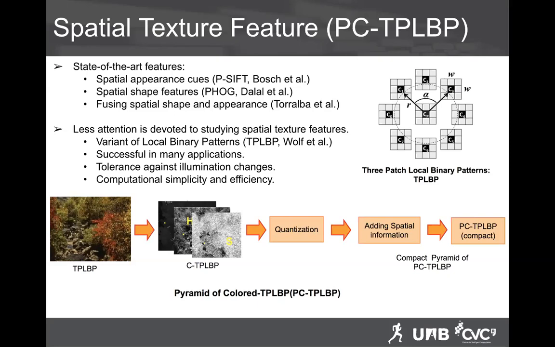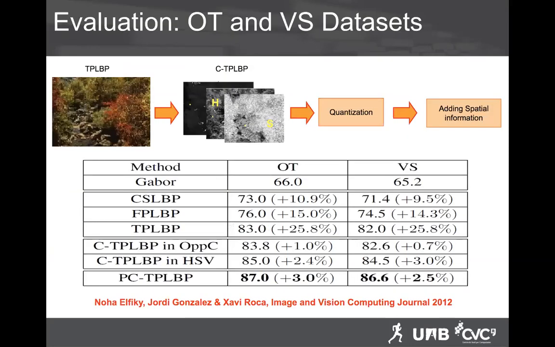And we achieved state-of-the-art results at that time with this new pyramid of local binary pattern, which is computationally less expensive as it is compact. Again, we always benchmark our contribution against the state-of-the-art texture descriptors: the local binary pattern by itself without the spatial pyramid, and the local binary pattern with the spatial pyramid that I introduced, which is dimensionally reduced, in addition to color information such as HSV or the opponent color space.